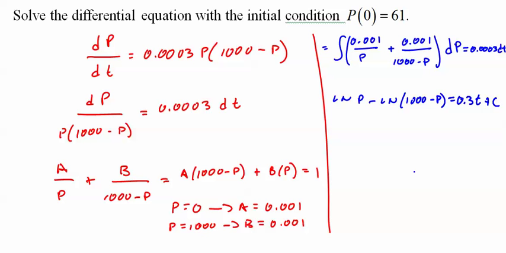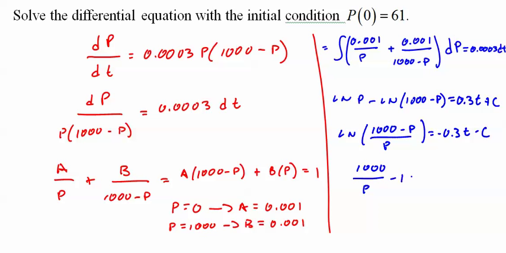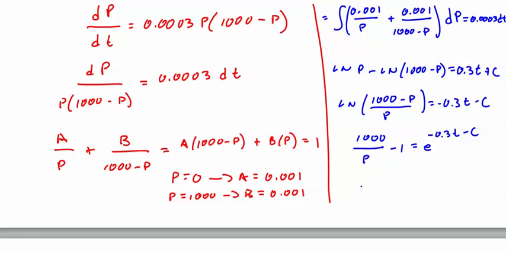Do some manipulation with the natural log here, by dividing everything by negative, and then doing that e thing: 1,000 over P minus 1 equals e to the negative 0.3t minus C. Flip our P, plug in our C, out of space, so I'm going to cut to the chase.